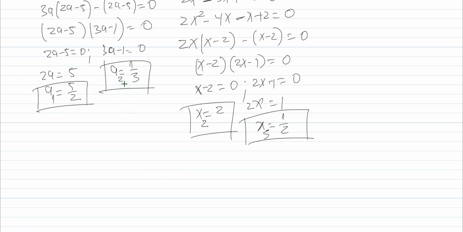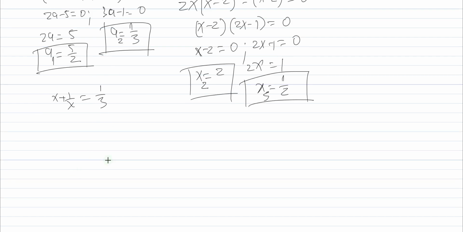So let's pick the value of a2. We have x plus 1 over x equals 1 over 3. Actually, I'm going to multiply by 3x.